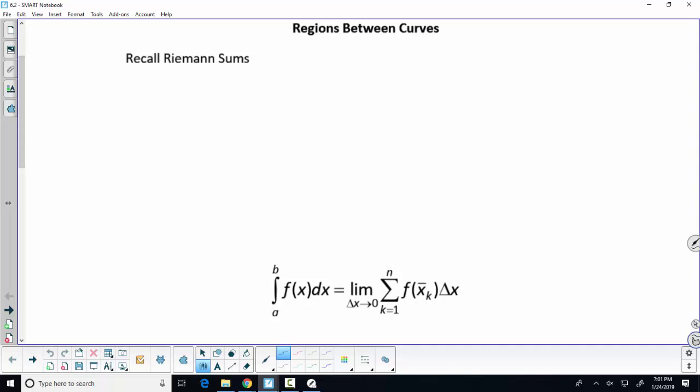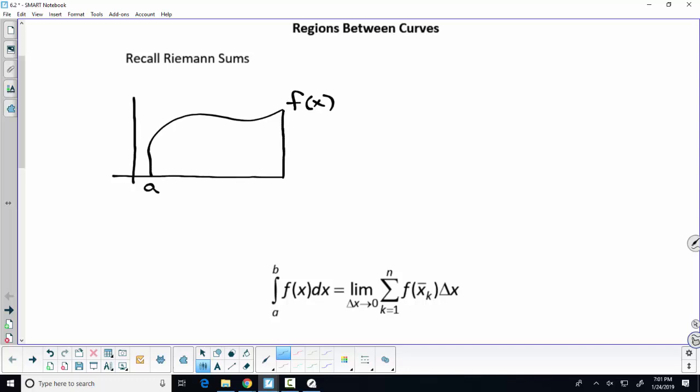We did kind of allude to this when we looked at Riemann sums. Initially, anyways, we were always trying to find an area bound by some function and the x-axis. And that's where our rectangles came in. So here's the height of each rectangle, and there's the width of each rectangle.